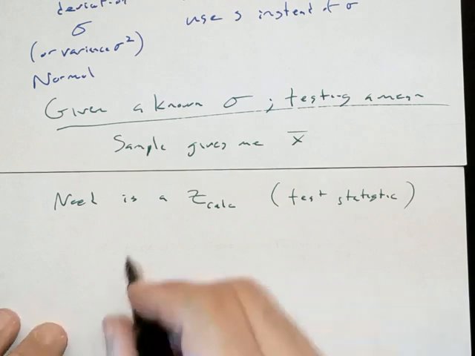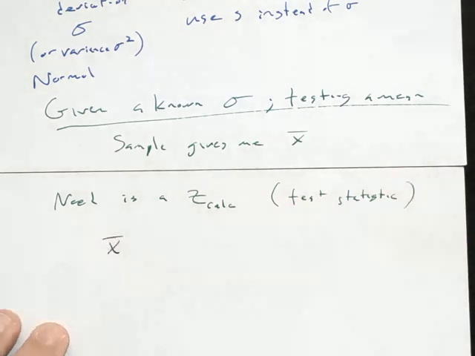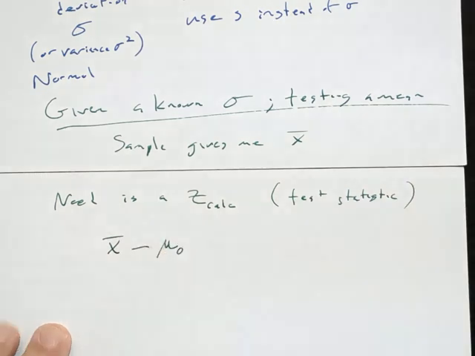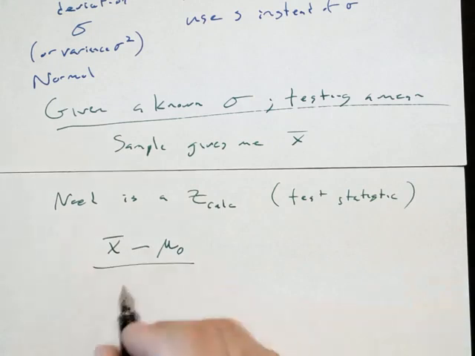So I take the sample mean I got, subtract from it the assumed mean, and divide by the standard error.